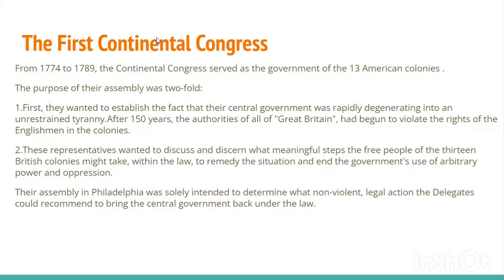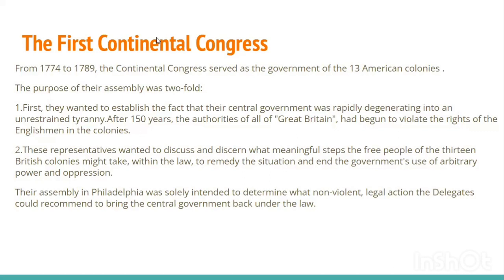So now these people of Great Britain have started encroaching, violating the rights of the Englishmen who have settled in these colonies. So they wanted to tell the British government that earlier when you started your rule, that was fine, but slowly and gradually you are becoming more and more despotic and autocratic and trying to control the people of the colonies. So that was the first thing.